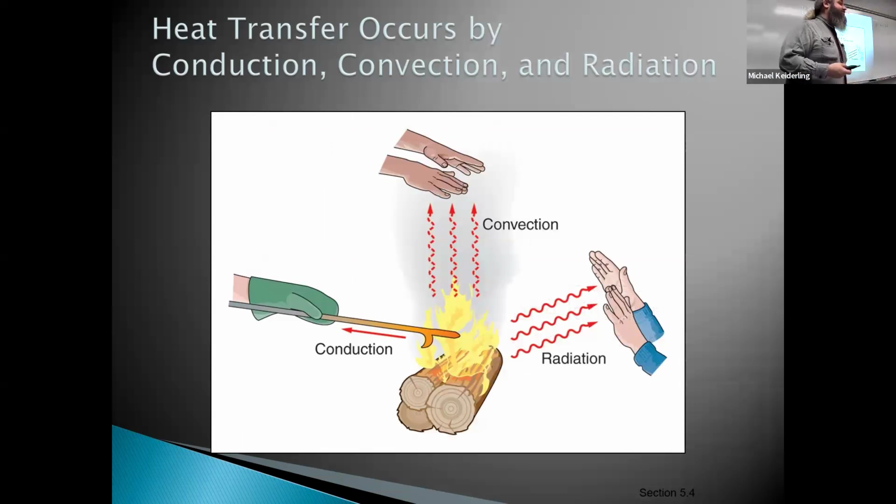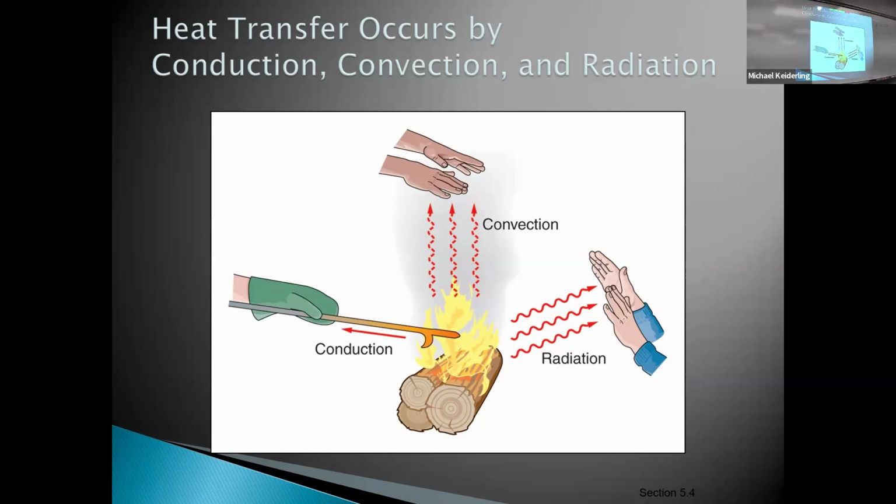So now let's talk about how heat transfer occurs. There are 3 main ways that heat transfer occurs: conduction, convection, and radiation. And actually, probably all 3 are happening right here as I'm heating this. Conduction is how, say, heat is being transferred from the walls of the beaker to the water.